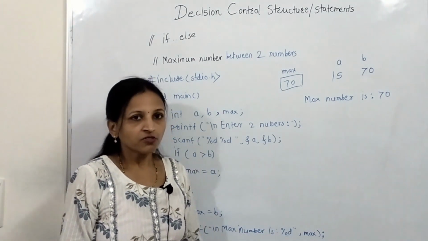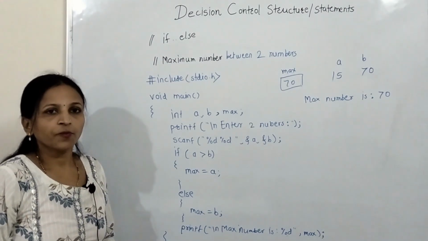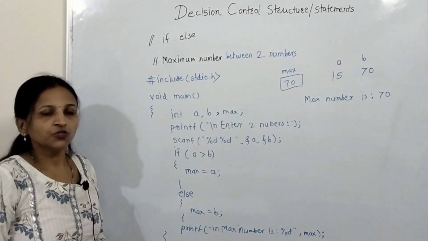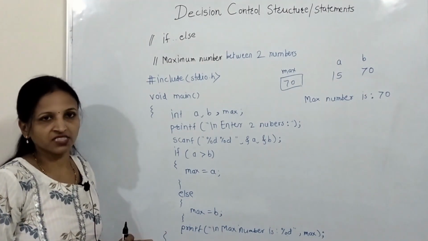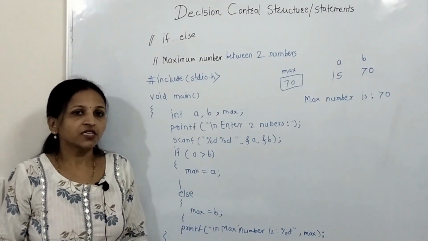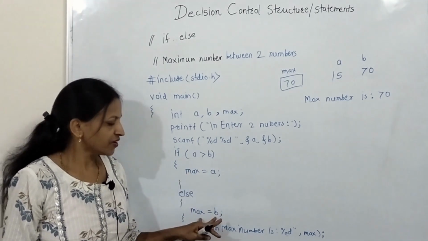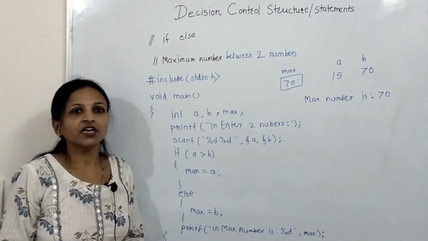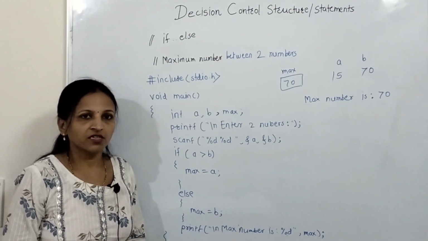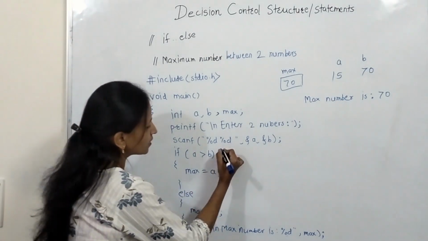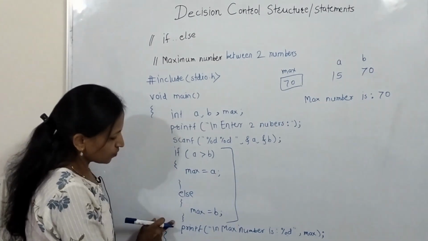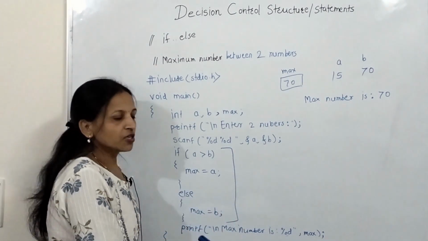Now see, we have already seen the ternary operator. The ternary operator is used in this way: whenever you have an if else block with only a single statement inside the if and else, then we can use the ternary operator instead. Now using the ternary operator we can write the same statement in this way. Instead of this, just put a ternary operator.